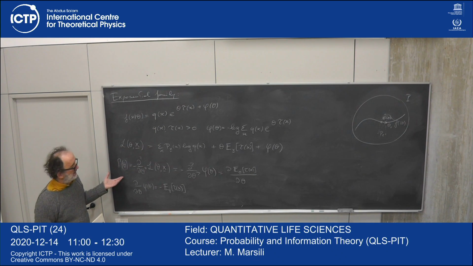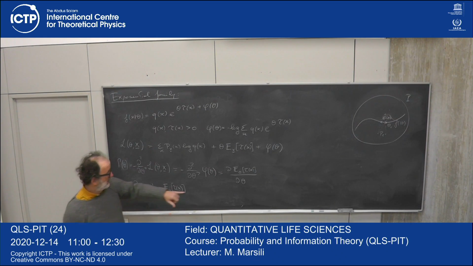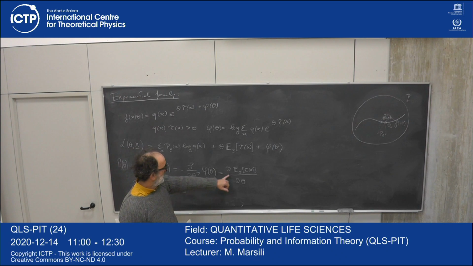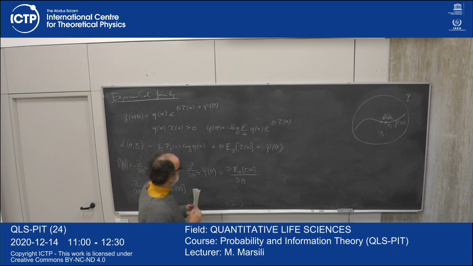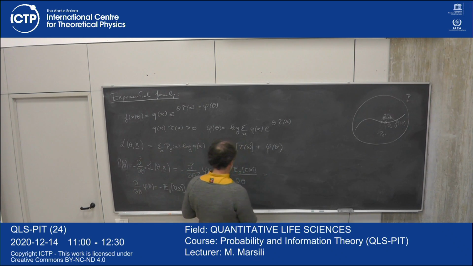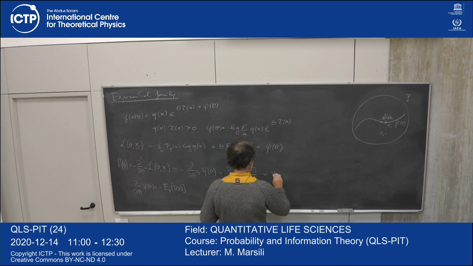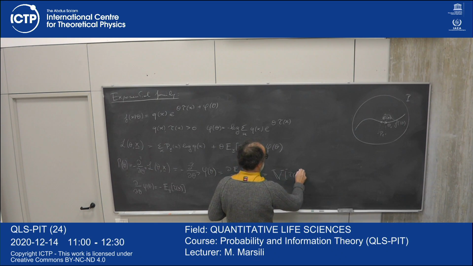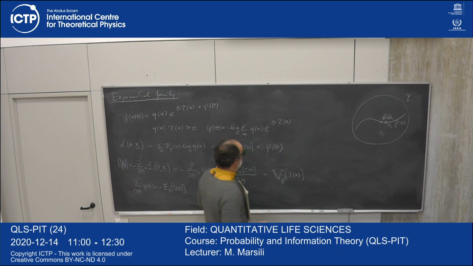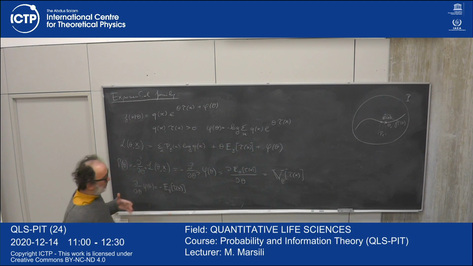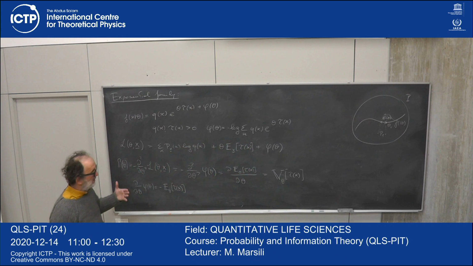At the same time, if you take this derivative here, then what you get is that this is also equal to the variance of tau of x over the distribution theta. And this is always the same calculation.